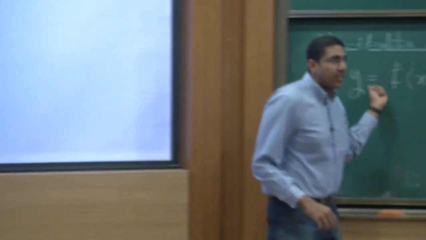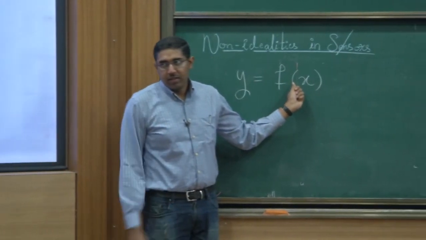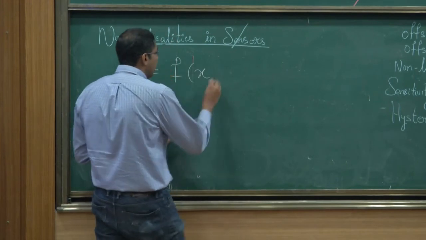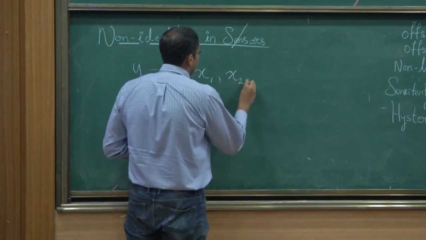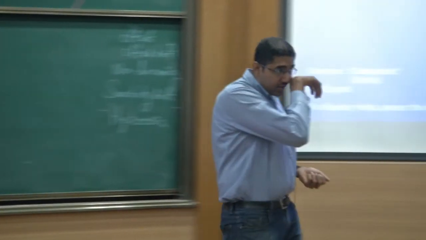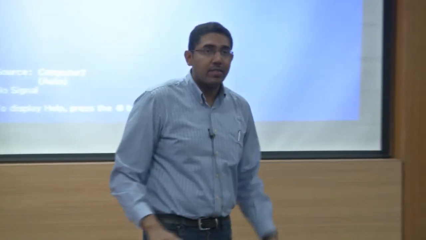Is this always the case? It can be. It can be not just x, but something else. It can be multiple of them. Okay? What does this mean? Any example for this?